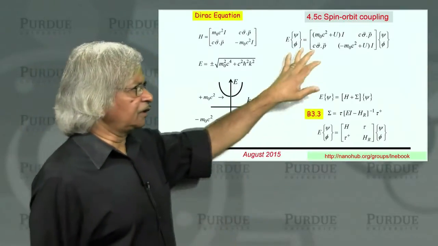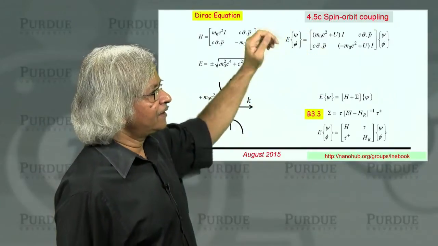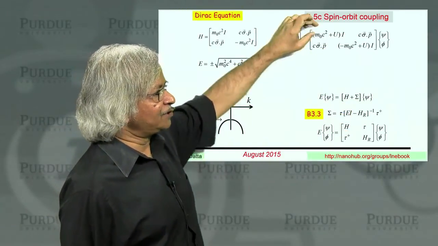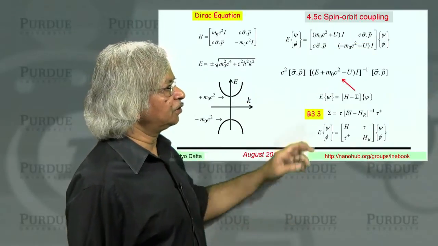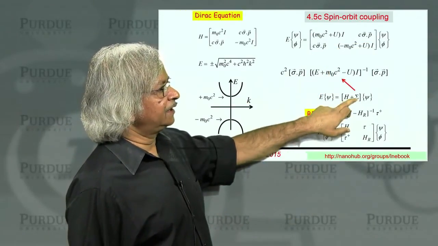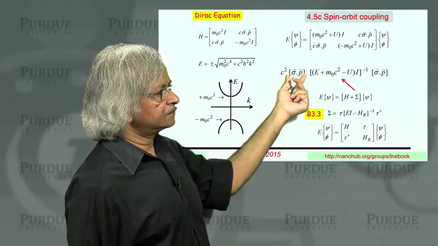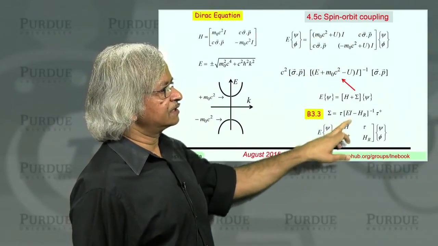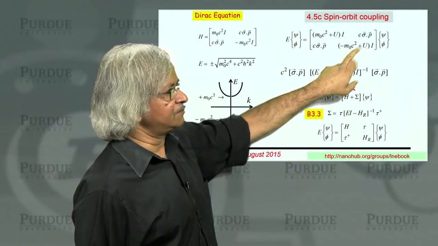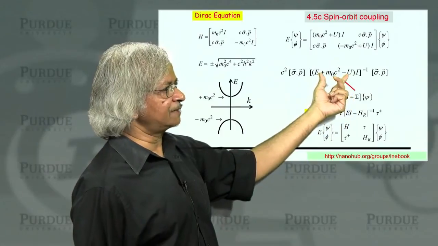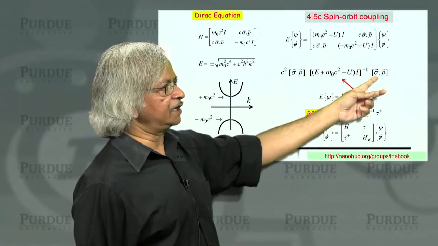Here, of course, we are not talking of contacts or anything, but you could use the same idea. You could evaluate a sigma. What you want to do is keep this and get rid of this part. So what you could do is calculate a sigma, which is tau, that's sigma dot p, G, which is this E minus mc square plus u, so that's E plus mc square minus u, inverse, and then tau dagger, which again is sigma dot p.